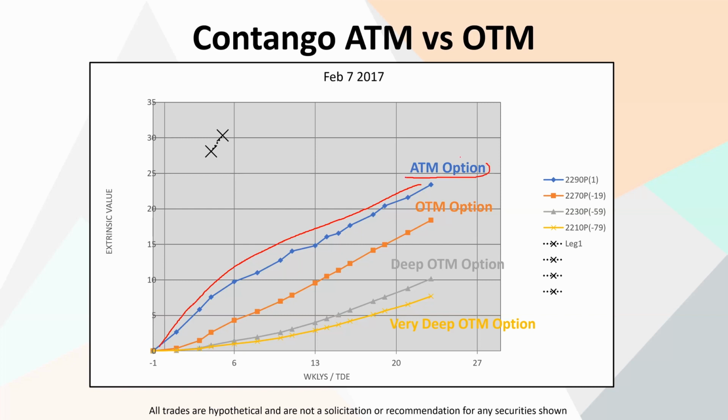But then as soon as we jump just a little bit out of the money, we can see that things are starting to change. We're starting to get a different signature where it's dropping, and then it almost slows down going into expiration. And that gets amplified further and further away from the market.